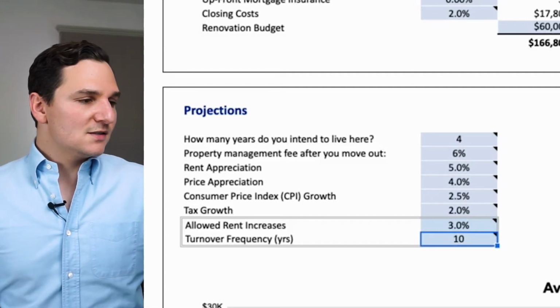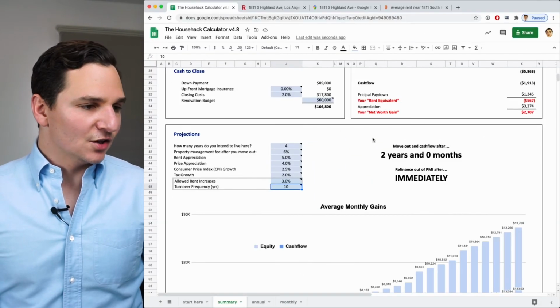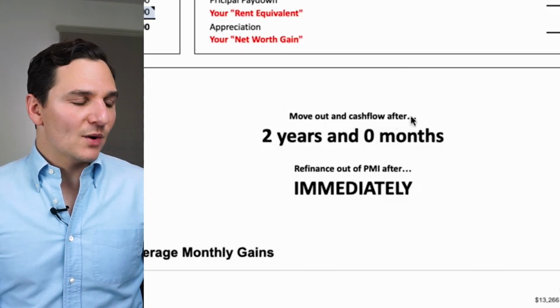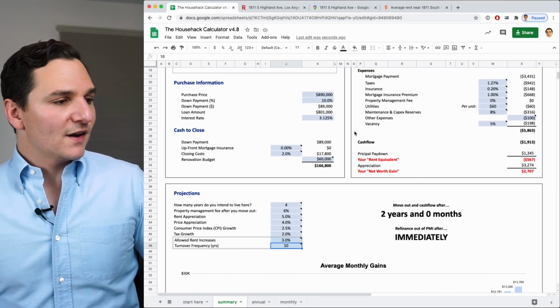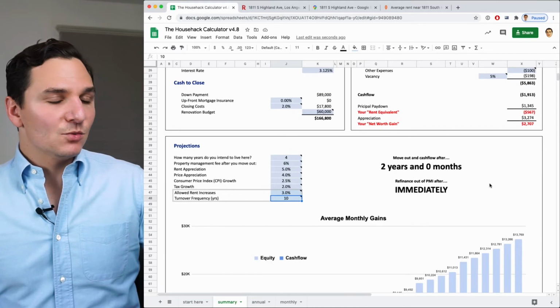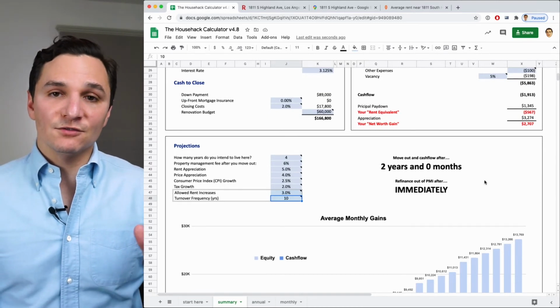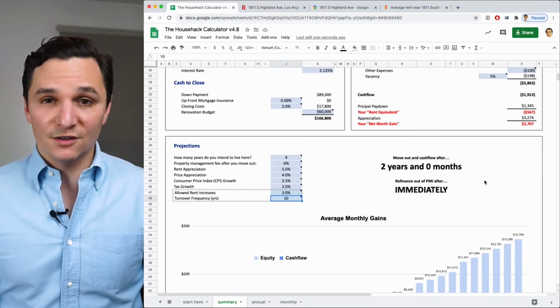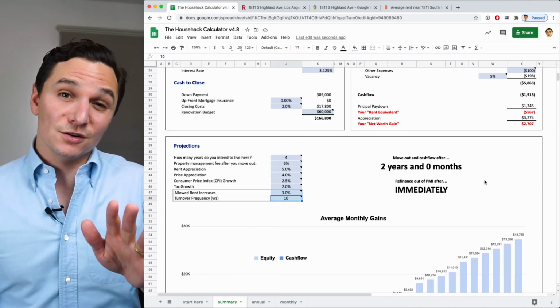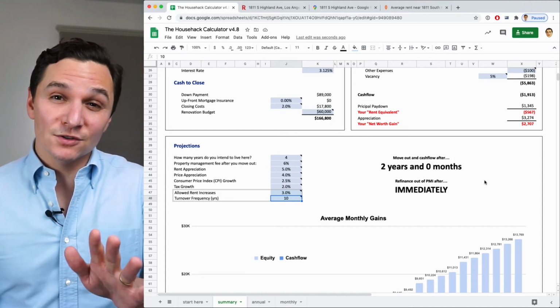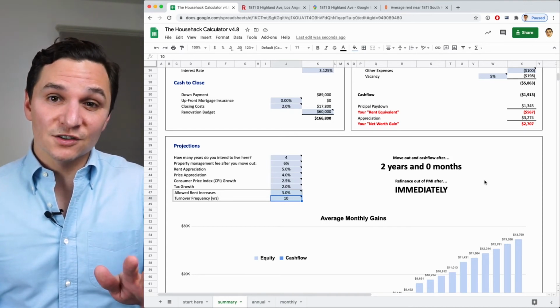So with these inputs in place, let's first take a look at these two pieces of feedback. The first is move out and cash flow after 2 years and 0 months. So what this means is, with the financial picture we painted, this property will cash flow when we move out after 2 years. If we move out before 2 years, the property won't yet cash flow. So you kind of have to live in the property for 2 years to not incur any additional expenses.